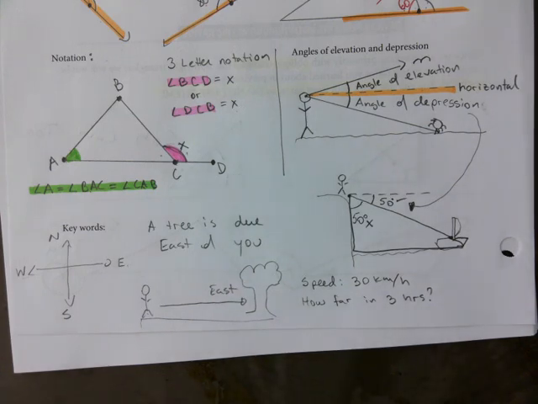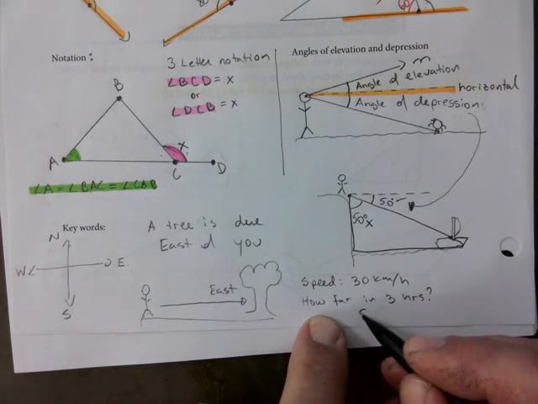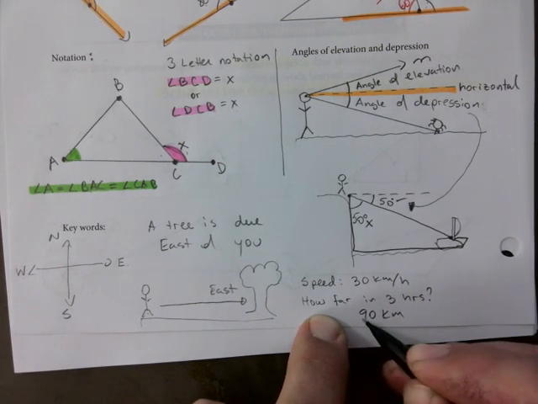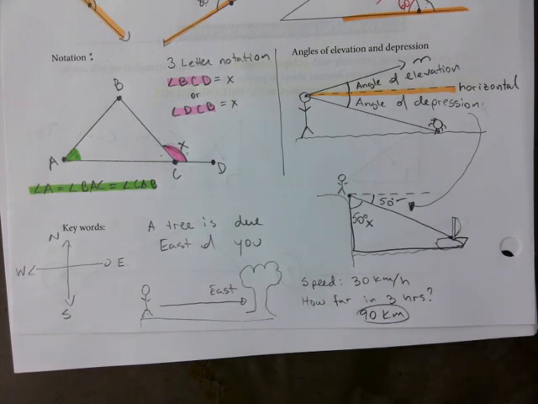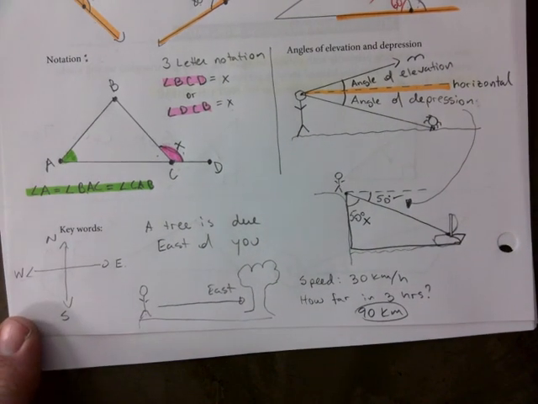If you travel 30 kilometers an hour, how far will you have traveled in 3 hours? 90, right? 30, 30, and 30? 90 kilometers. That's the answer. So when they give you a speed and the time you traveled, if it's 2.5 hours, you just multiply it by 2.5. Okay, next page.